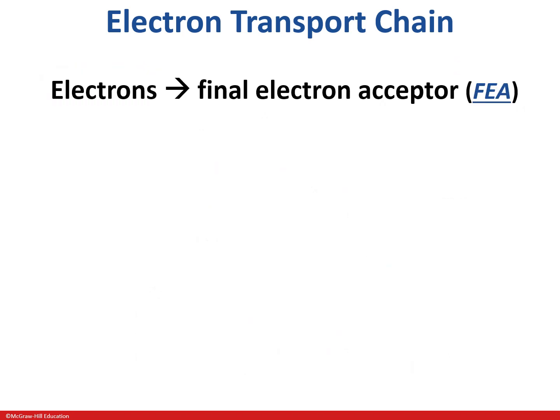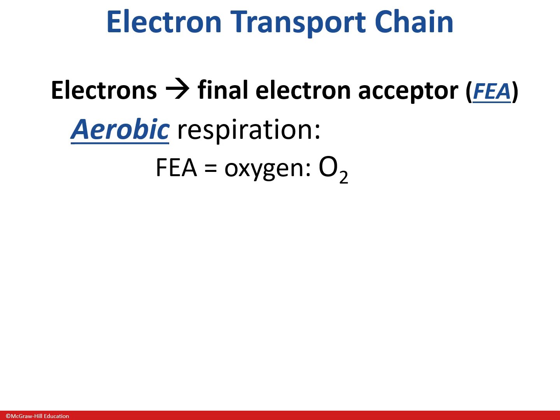So at the end of that, we said that the oxygen molecule was going to take up that electron, and we call that the final electron acceptor. If the organism uses pure oxygen as that last step, which is really what the diagram we were just looking at showed, you were looking at an aerobic organism because that final electron acceptor was pure oxygen.